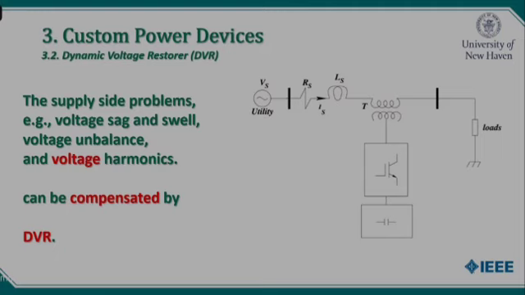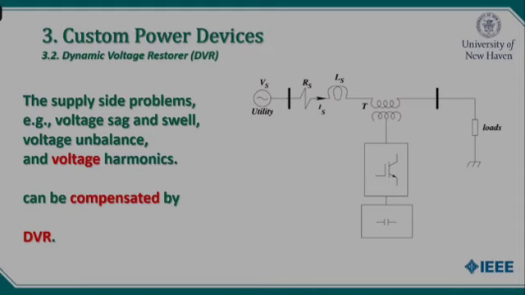And again, we have the capacitor and voltage source converter, which can boost the voltage. In the last slide, we could inject current at PCC. In this case, we can boost the voltage in series in the line.